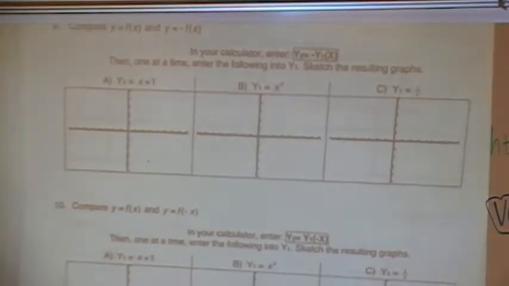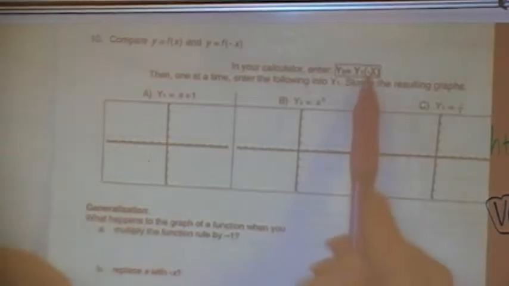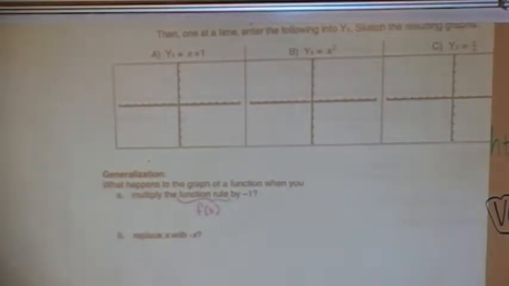Okay. Then the next thing we did were the reflections. These you kind of know already. This top one, the reflection was on the outside. The bottom one, the negative sign was on the inside. The way they word it is they say multiply the function rule. When they say function rule, they mean f of x, and when they say f of x, they really mean y.